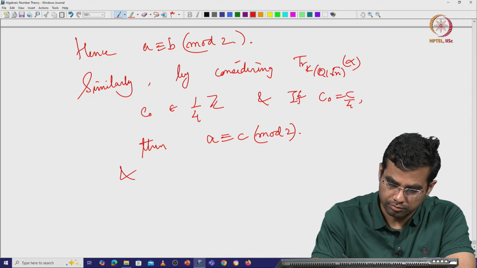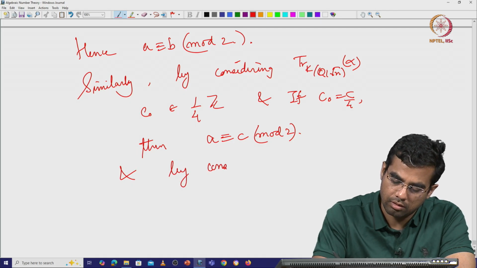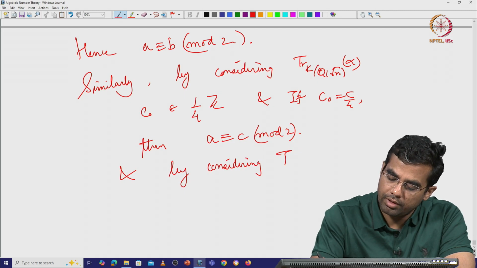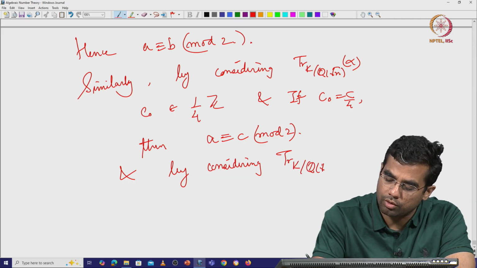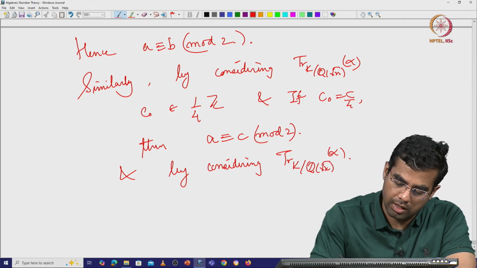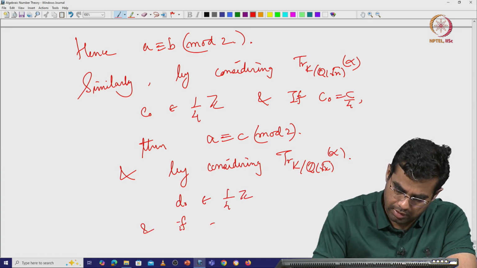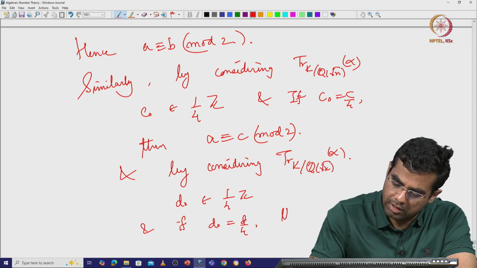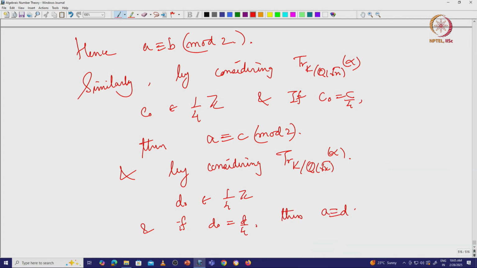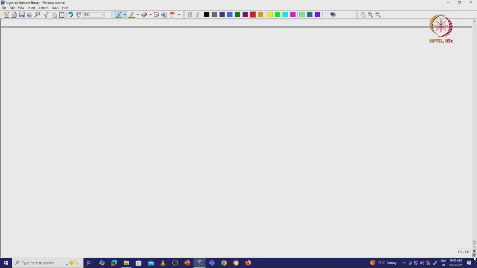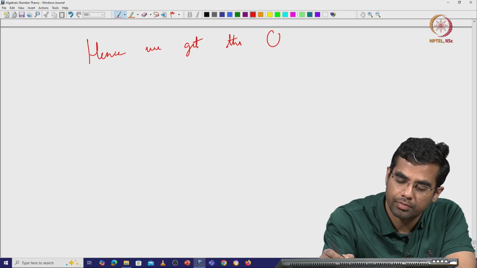And by considering the trace from K to Q(√k) of alpha, we get d0 is in (1/4)Z, and if d0 is d/4, then a is congruent to d mod 2, right. So we have proved the claim, hence we get the claim that we made.